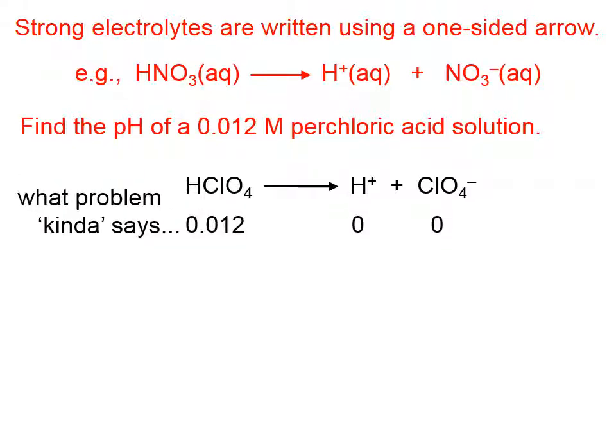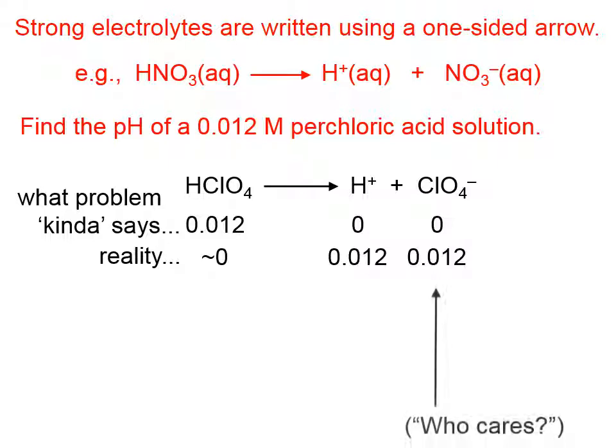Because what this problem says is that the concentration of the HClO4 is 0.012, but in reality, we know that because this is a strong acid, the concentration of HClO4 molecules in the solution is essentially 0, but that the concentration of the hydrogen ion and the perchlorate ion are both 0.012.